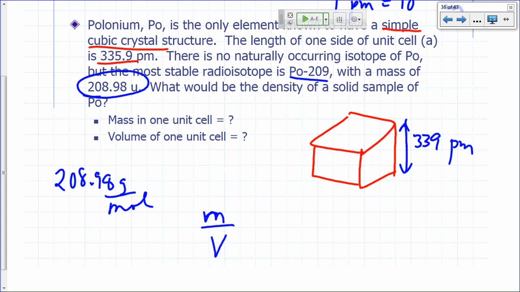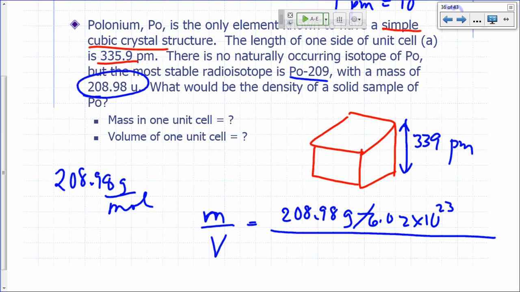Effectively, one unit cell contains one atom, right? So what's the mass of one atom? 208.98 grams per mole. How many atoms are there in a mole of atoms? 6.02 times 10 to the 23rd. So that's the mass of one atom.